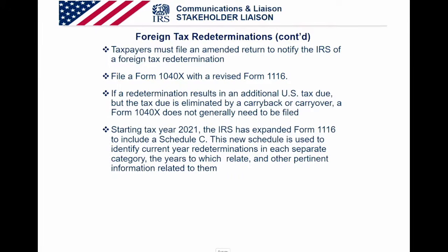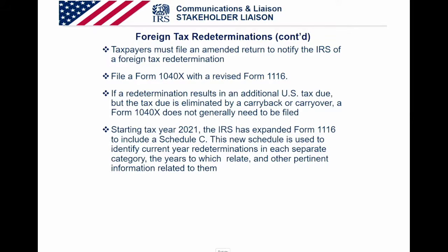We're not going to get into this in depth, but only to say that the new schedule must be completed and attached to the return, and it's used to identify and better track FTRs that occur in the current tax year in each separate category, the years to which they relate, and other information to notify the IRS of the FTRs that occurred in the current year that may relate to prior years. The new Schedule C standardizes the way the FTRs are reported. Again, a separate Schedule C of the Form 1116 must be completed for each category of income.